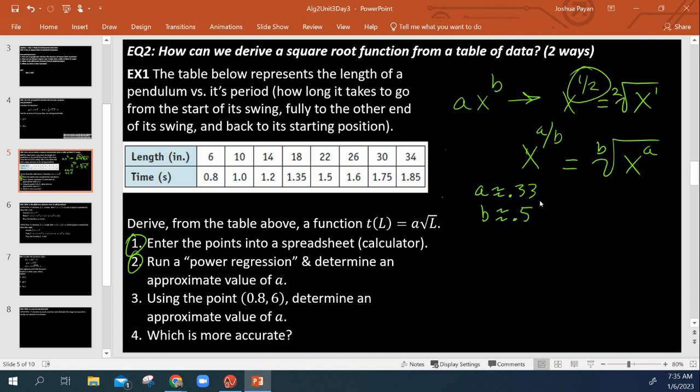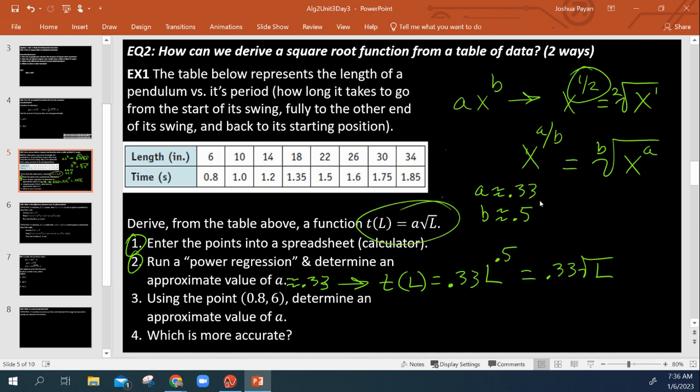That means a is approximately 0.33, and our actual function t of L is going to be about 0.33 times L to the 0.5 power, or 0.33 times the square root of L, which is the form that we actually wanted.